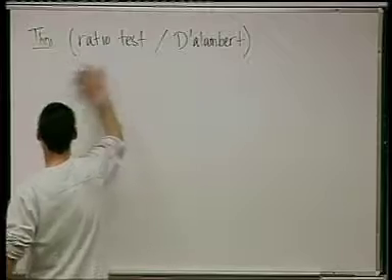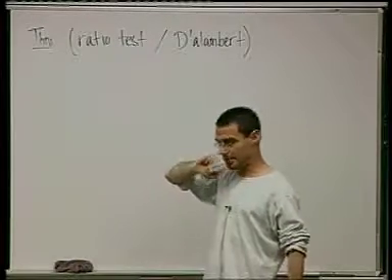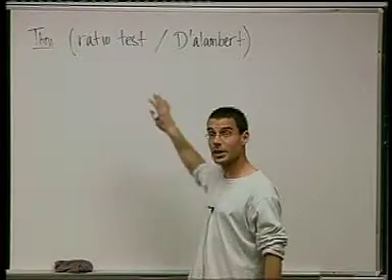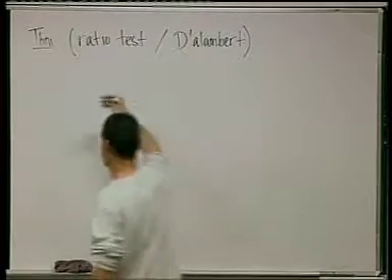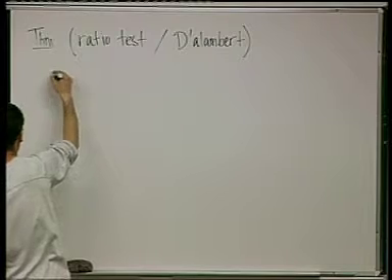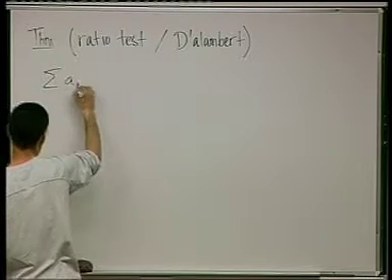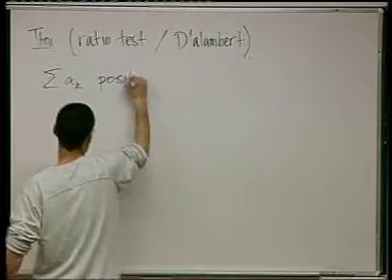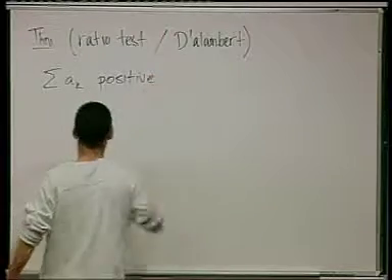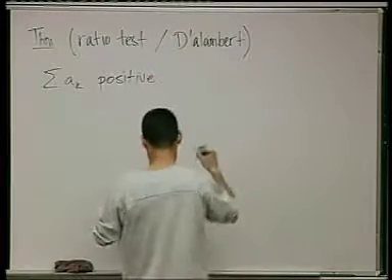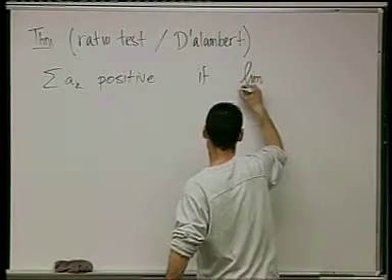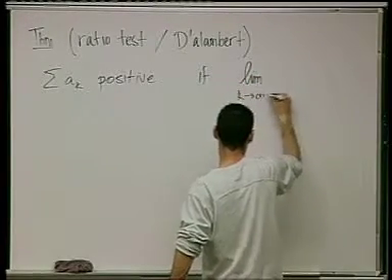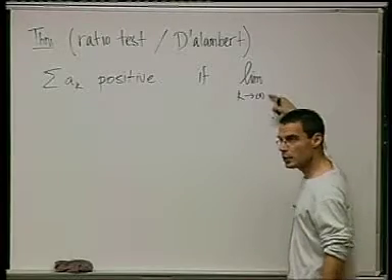So, again, we're still in the context of only positive series. Sigma ak positive. It's not on this board, so I am emphasizing this. If the limit as k goes to infinity, now look what the limit is looking at.